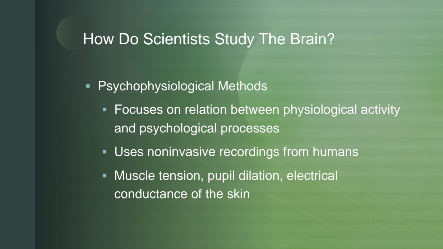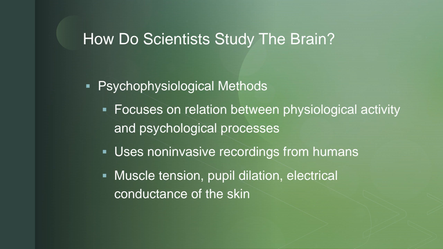Okay, psychophysiological methods. So these methods look at the relationship between physiological and psychological processes in humans. It could be a number of different things. Looking at EEG, the electroencephalogram, where we place electrodes on the scalp and measure the electrical potential of the entire brain.